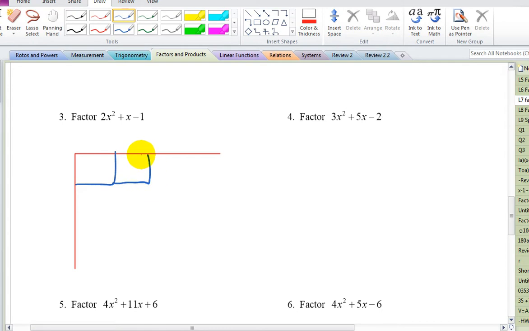So again, 2 in front of the x squared is only 1 by 2 or 2 by 1. So set up one arrangement, and then you have a negative 1, which must be shaded. So now you've got to be careful with this guy. Here's an x and an x. That's good. But how are we going to end up with a plus sum?